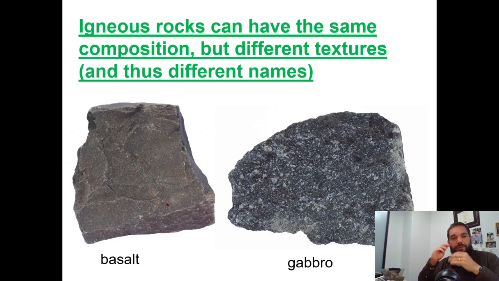You can have a rock that has the same composition chemically but different textures, and because it has different textures, we give it a different name. So that's what I mean when I say that we classify igneous rocks on the basis of texture and composition. Even if you have the same composition, if you have a different texture, we give it a different name. Case in point, basalt and gabbro.